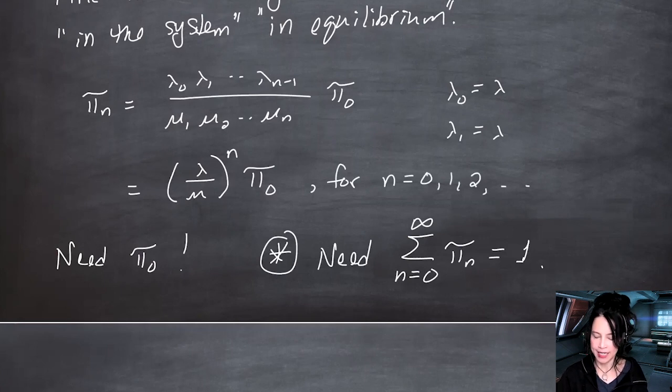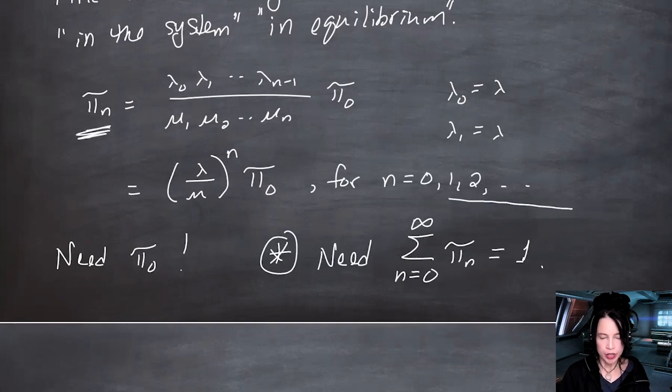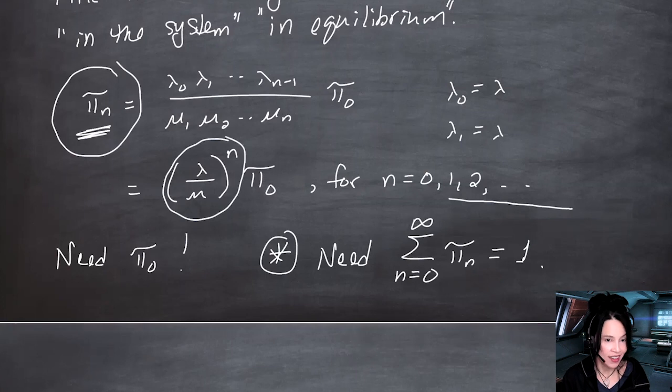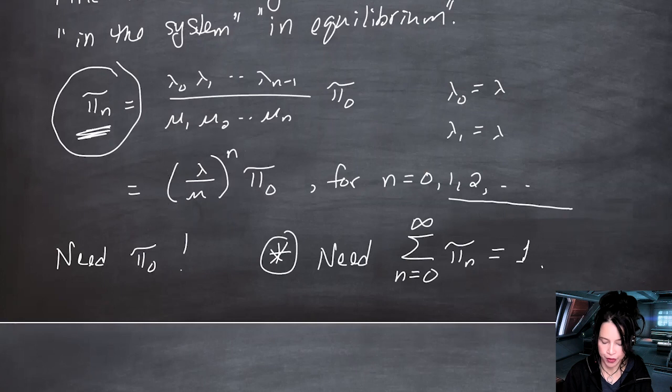It's only guaranteed to hold for 1, 2 on up. It is a formula for n greater than or equal to 1, but just by observation, if I plugged in n equals 0, this coefficient would be 1. And so we'd have pi 0 equals pi 0, and it holds. But this formula is not always going to hold when n is 0.